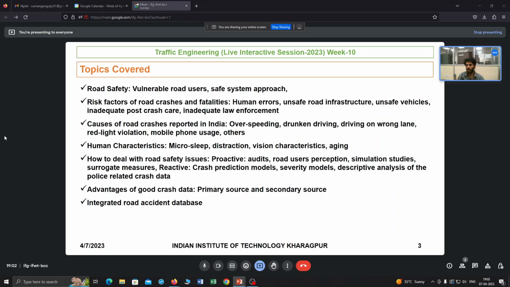As a driver who is involved, is it your fault or someone else's fault, or do you think this road is not good? What is the perception of the person who is directly involved in road crashes? That way we can identify what could be done in future so that road accidents do not occur.